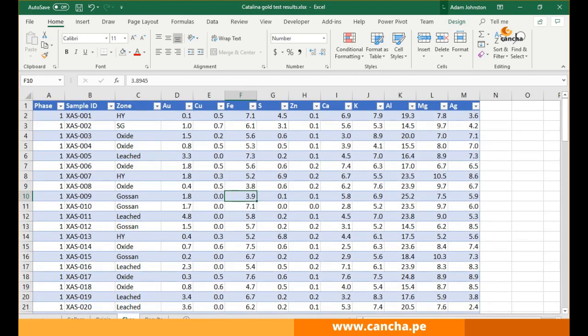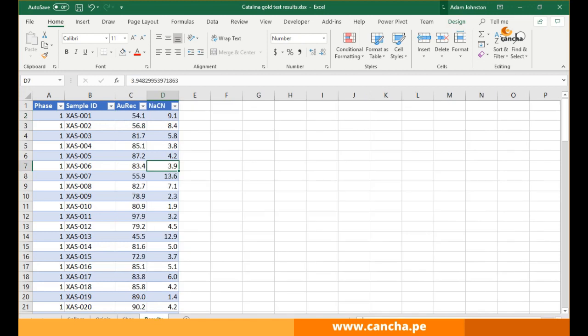The characteristics table, in this case we've got mine zone: hypogene, supergene, oxide, whatnot, and some head assays, different chemical assays for each sample. A results table, so for each sample we've got the gold recovery and the cyanide consumption.